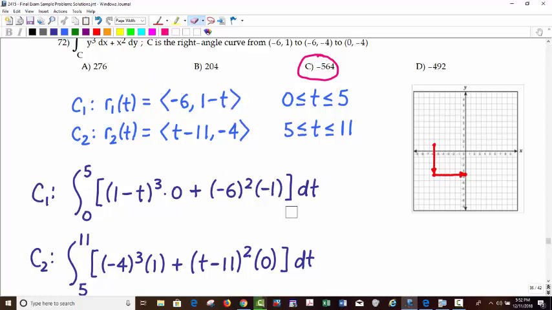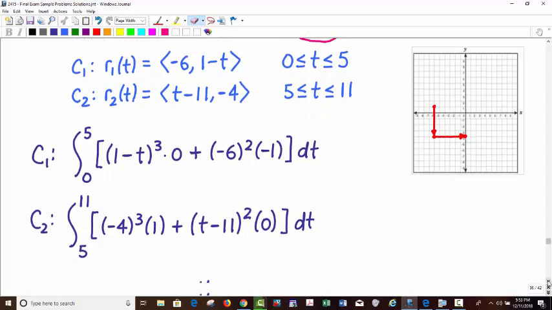So now I come down to the one I labeled C2, the second path, the horizontal path. I'm going from 5 to 11. Now, of course, everything changes here because y is -4. So it's -4 cubed times the derivative of t minus 11 dx, which would be 1. And then plus x squared, which would be (t minus 11) squared, times the derivative of y, which would be 0. So that wipes this out.